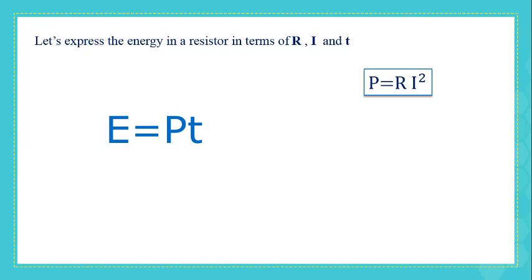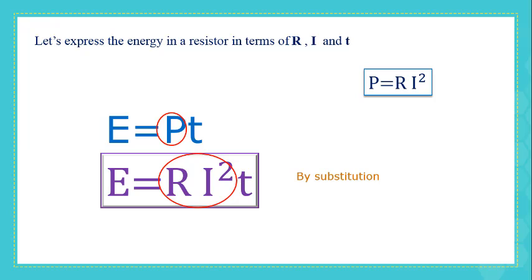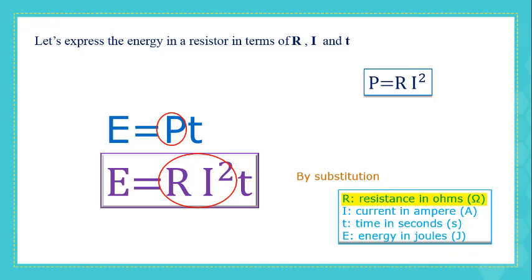So by substitution, I will substitute the power by RI squared. The energy in a resistor will be equal to resistance multiplied by current squared multiplied by time. R resistance in ohms, I current in ampere, T time in seconds, and E energy in joules.